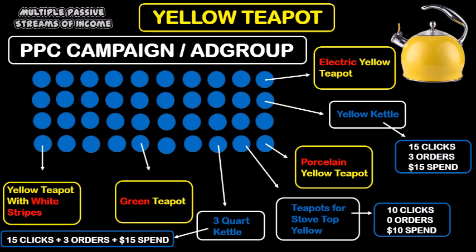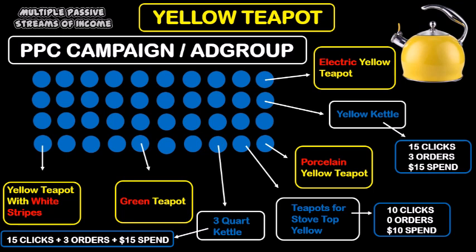Let's look at 3 search phrases that are relevant for our product. So, yellow kettle, teapots for stovetop yellow, and 3-quart kettle. We want to analyze the data and let the data dictate our decisions. We may believe teapots for stovetop yellow is more relevant than 3-quart kettle, but the data says otherwise.